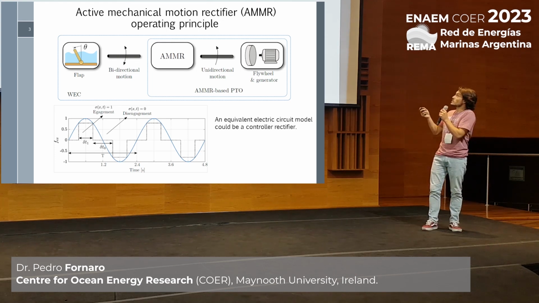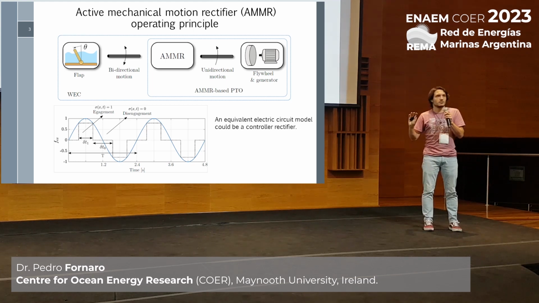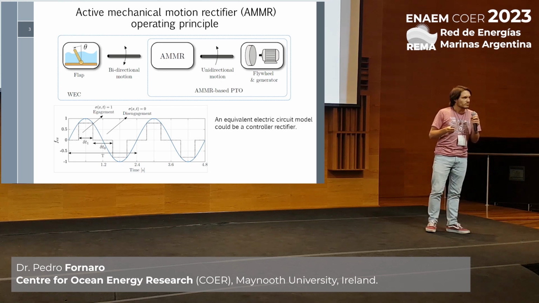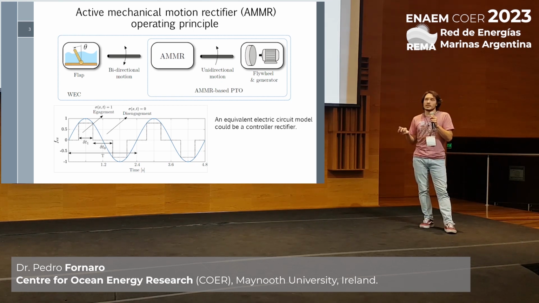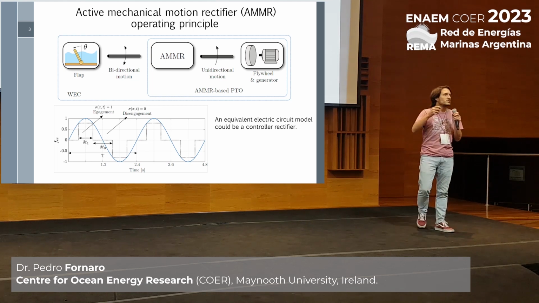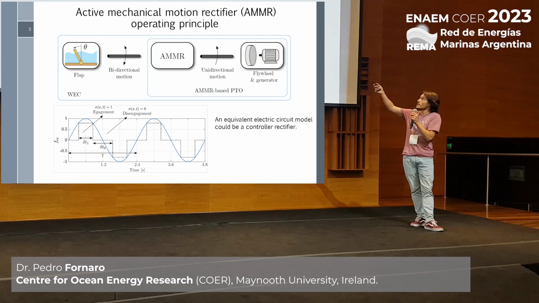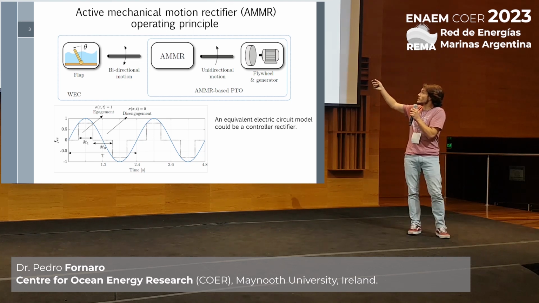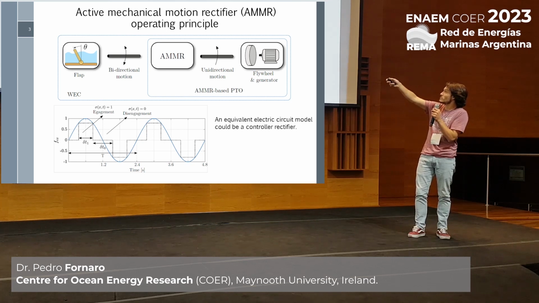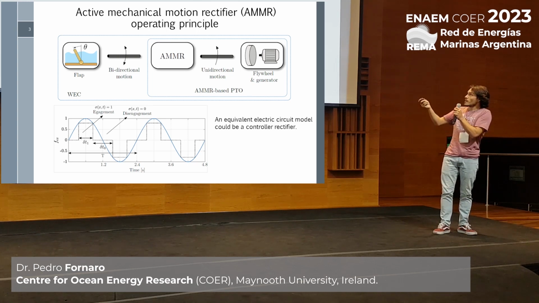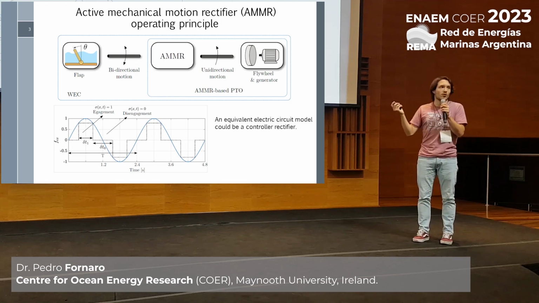Well, mainly because, although we have not been working on this topic yet, the generator's efficiency is considerably degraded when its velocity reaches or crosses zero. So if we don't rectify the oscillating motion of the waves, then the efficiency of the generator considerably drops.